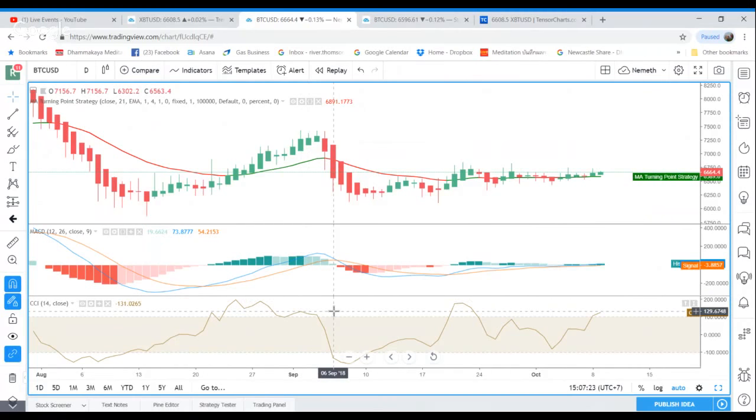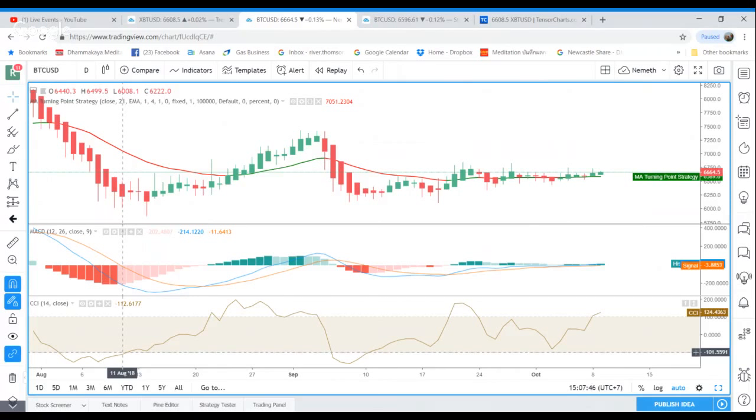Okay, and he would only short when it goes under 100, and he would close it around here based on that. If you're looking at that, basically below the minus 100, he would be short again from here to around here. And the CCI, I think it works best actually on the daily and the 12-hour.